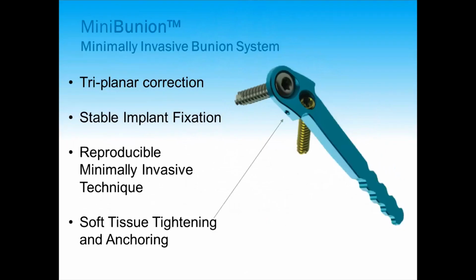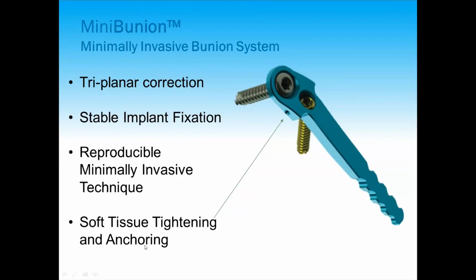This is the device. It's the MINIBunion. It has two fixation points. There's one fixation point for the proximal segment of the metatarsal, which is non-locking, and a locking distal segment for the capital fragment. So each screw holds each side of the osteotomy.